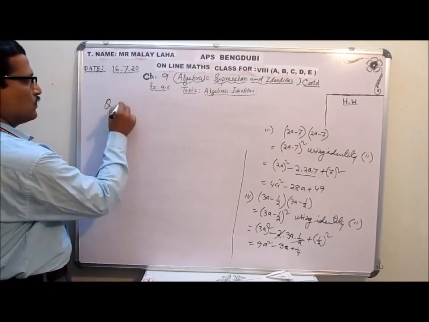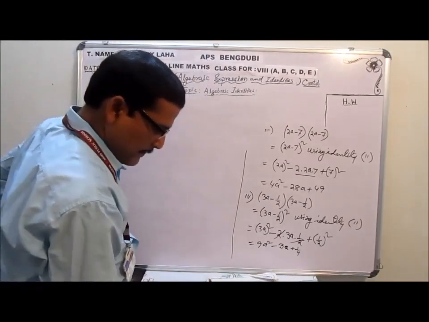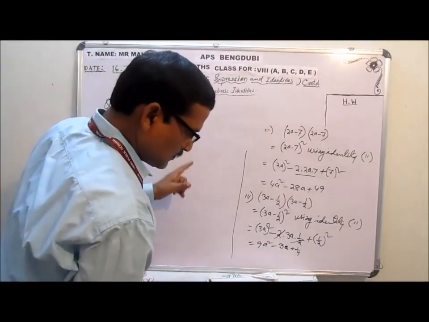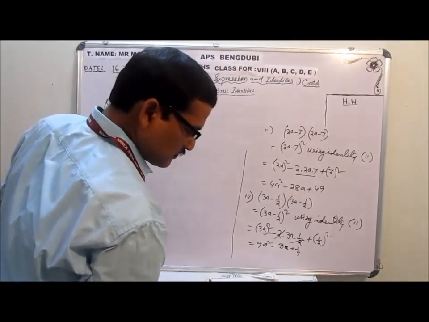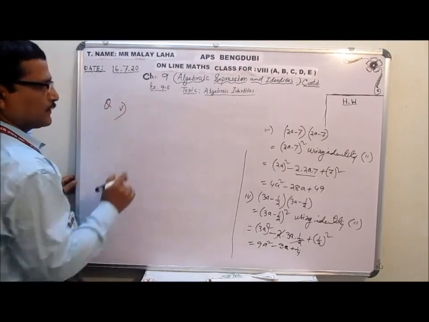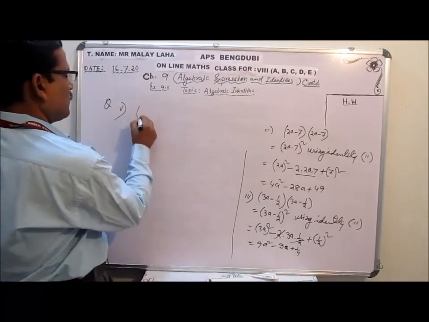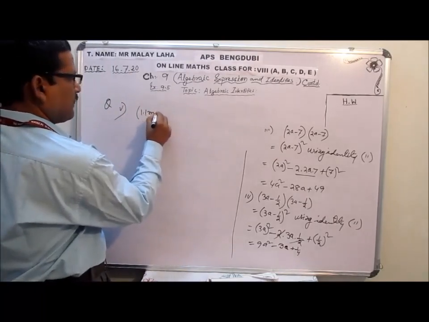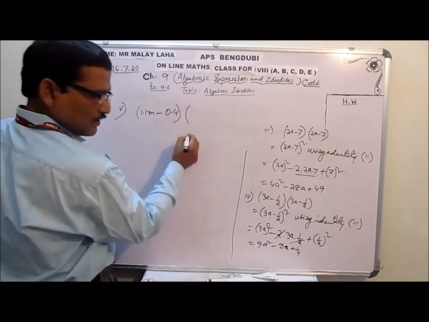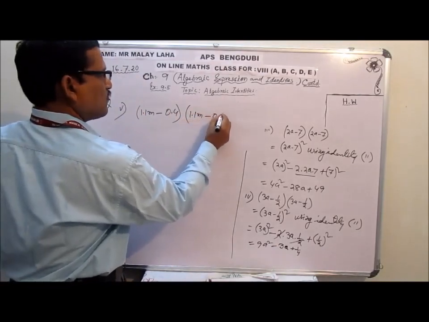Now 4. Oh sorry, the third part is 2a minus 7. It is done. Now 5. This 5 is 1.1m minus 0.4, 1.1m minus 0.4.